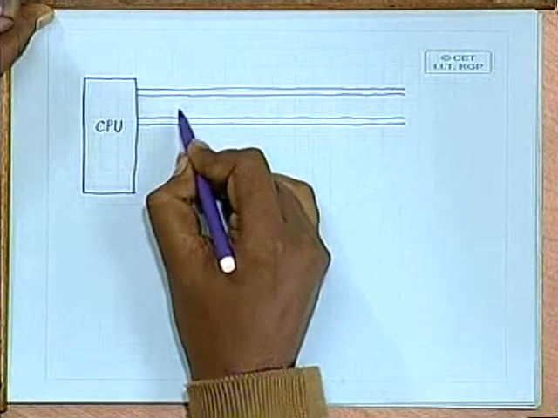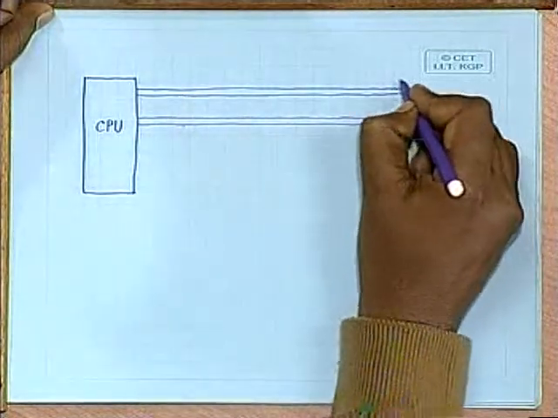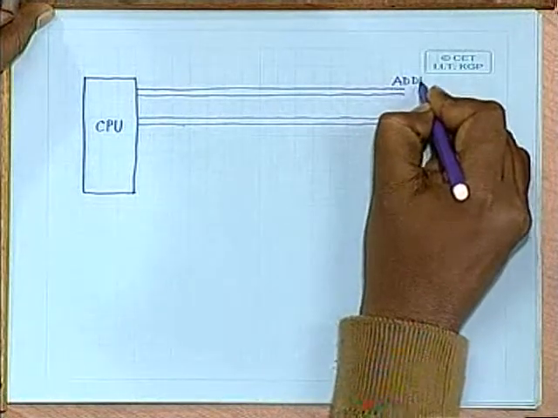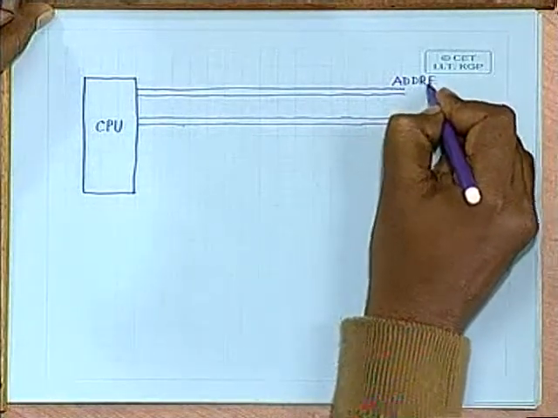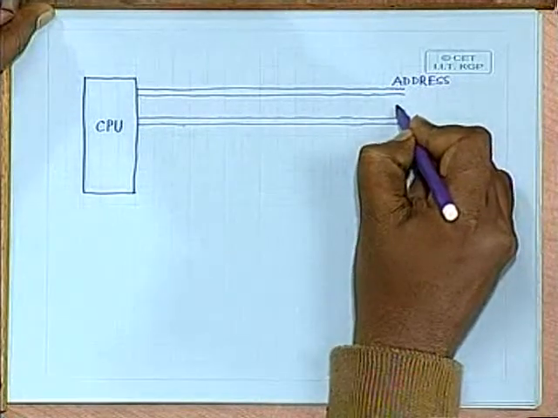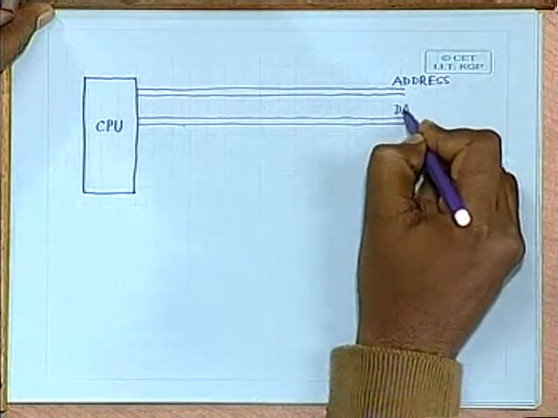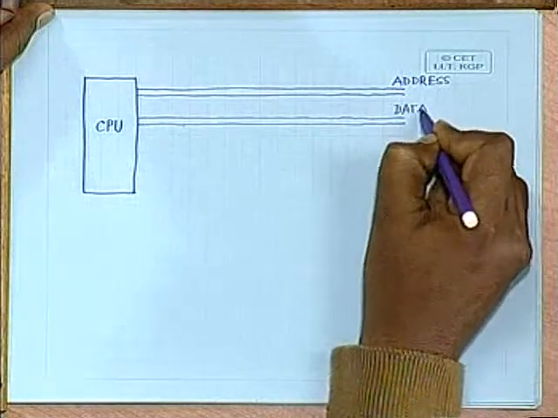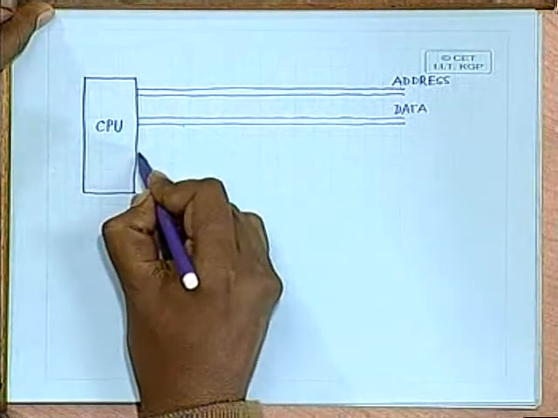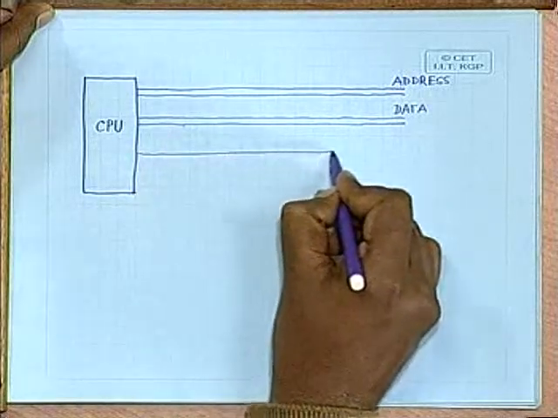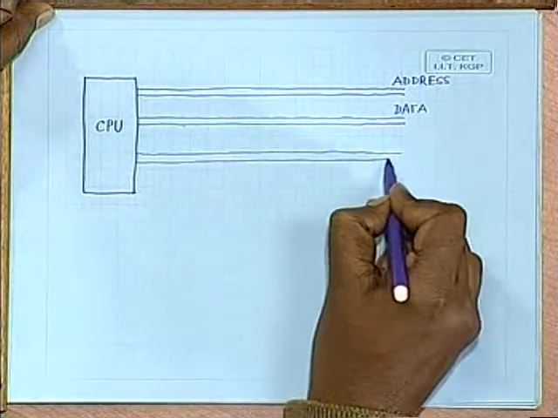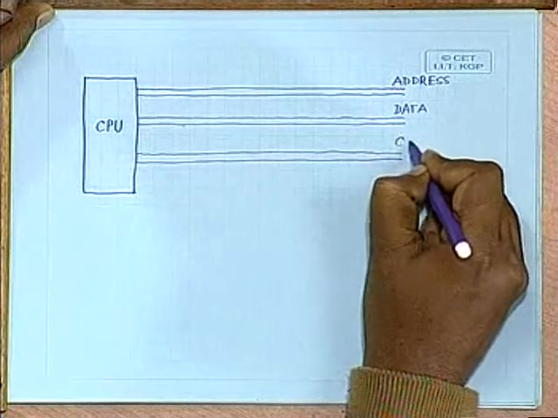A set of such pins is called the address lines or address bus. A set of such pins is called the data lines or data bus, and we have some more pins which provide the control signals.